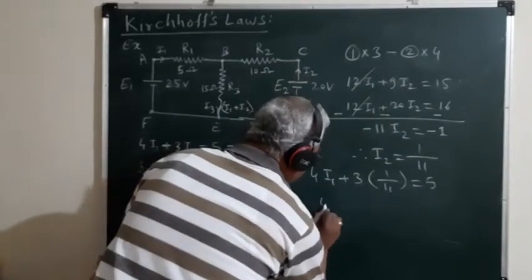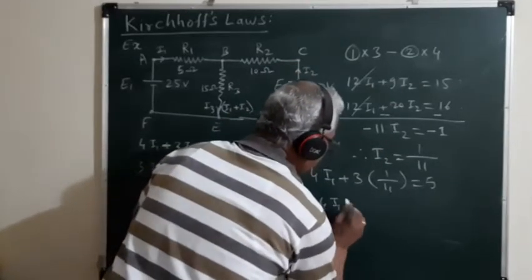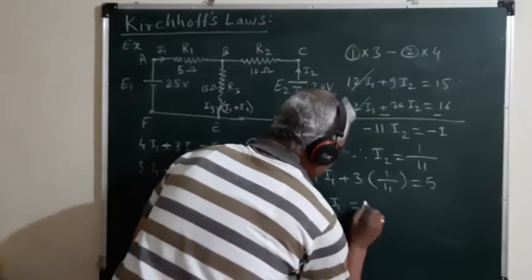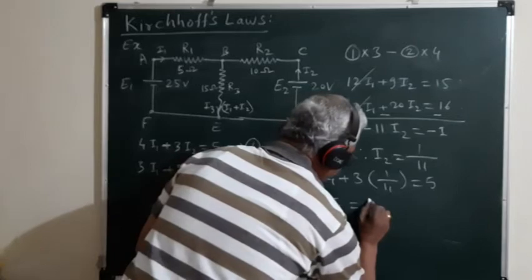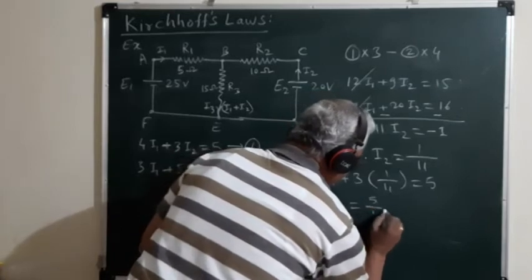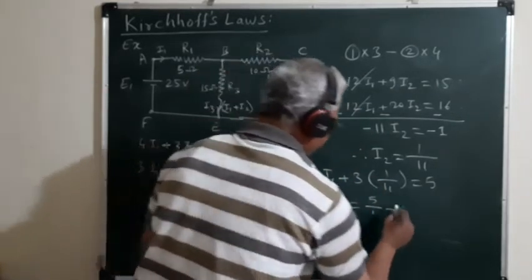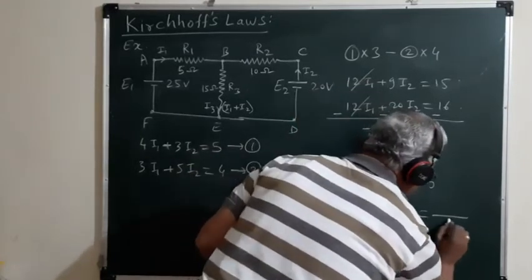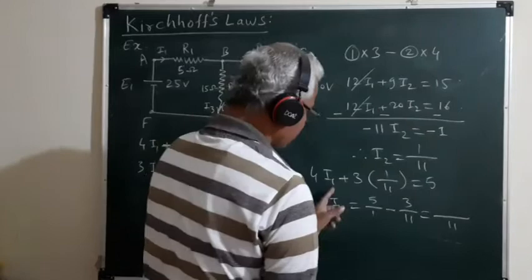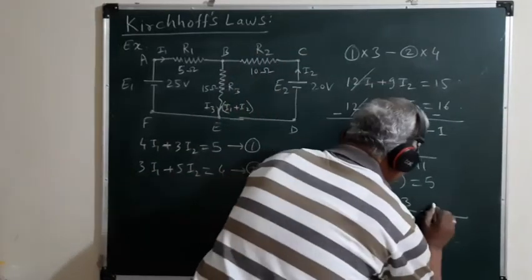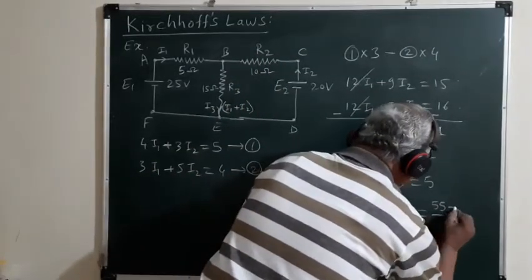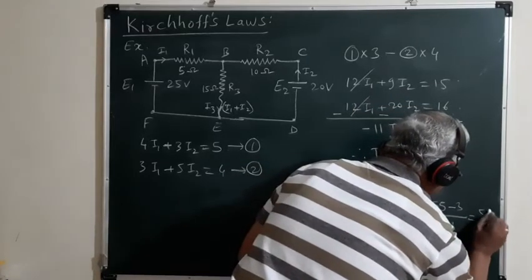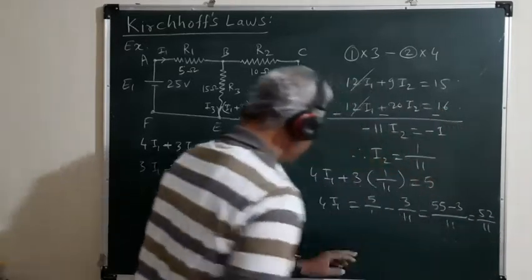So 4I1 is equal to 5 by 1 minus 3 by 11. So LCM will be 11. So this is 55 minus 3, which is 52 upon 11.